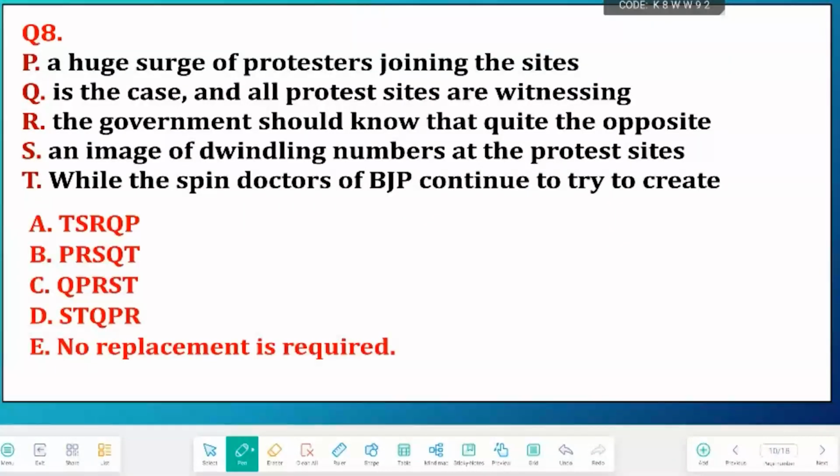I'll read it once for you. A huge surge of protesters joining the sites is the case, and all protest sites are witnessing. The government should know that quite the opposite, an image of dwindling numbers at the protest sites, while the spin doctors of BJP continue to try to create.